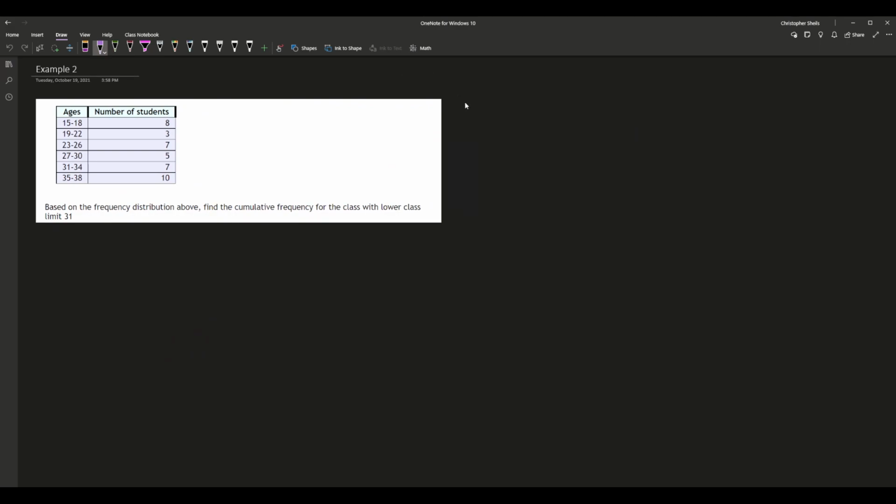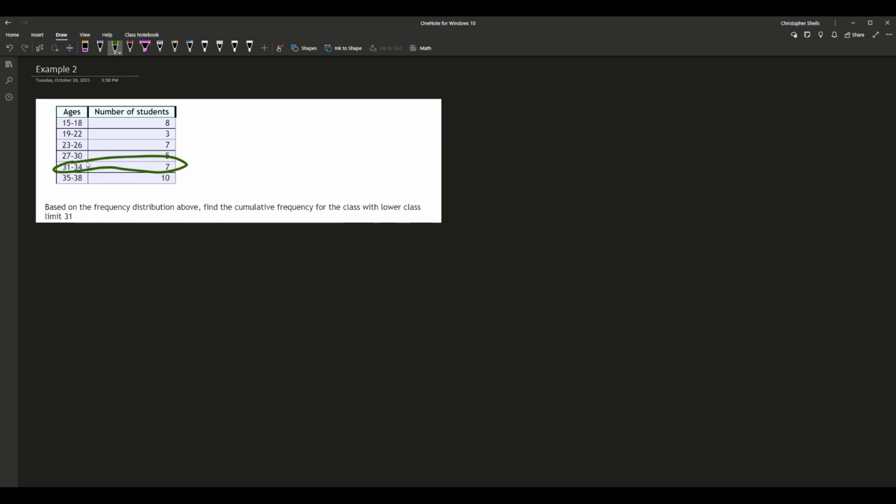Moving on to the next one here. Here we have a frequency distribution, and we want to find the cumulative frequency for the class with lower class limit 31. And to do this, let's see, the class with lower class limit 31, let me change to green here, is this class.